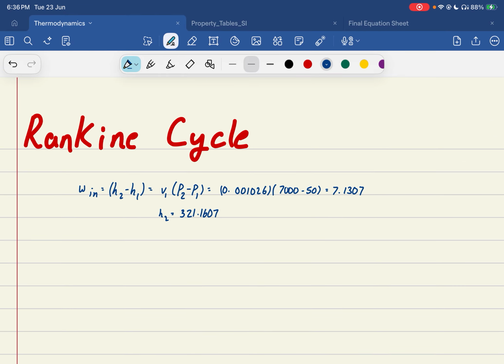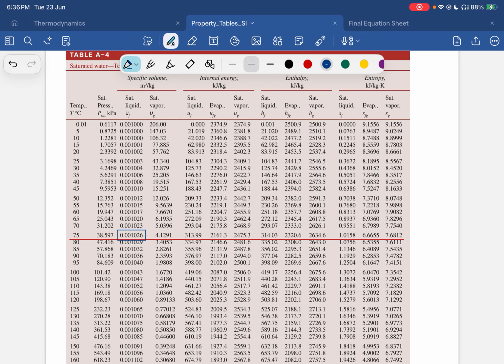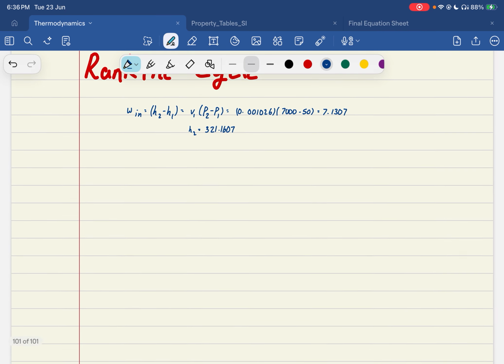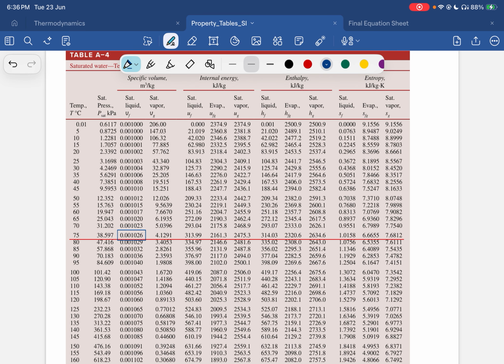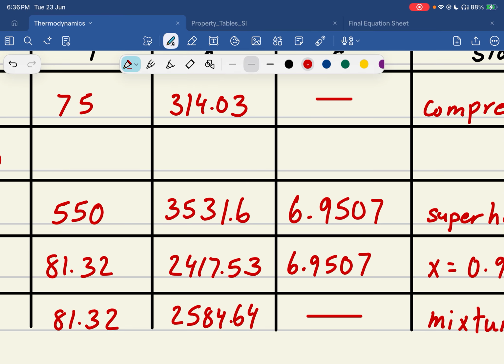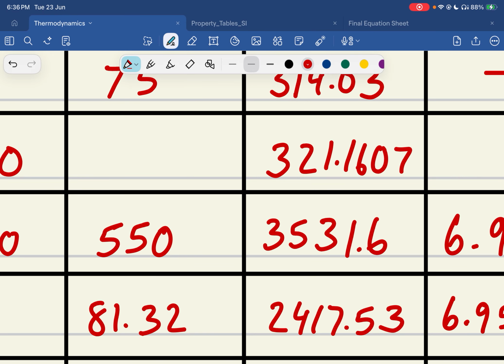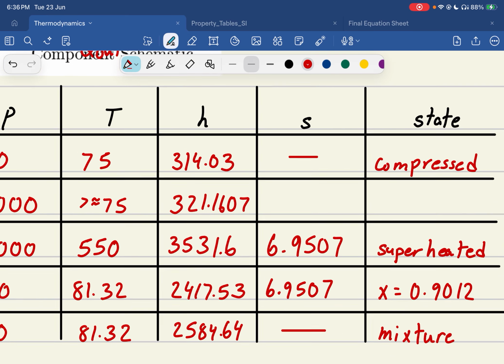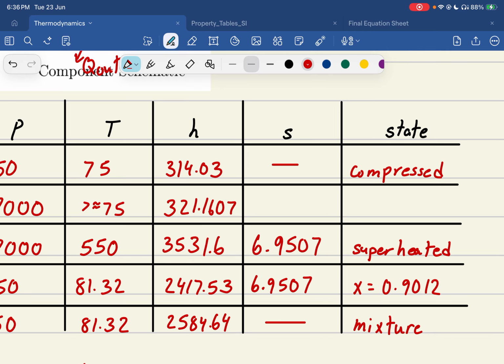Okay, so from that, since it's a slight change in entropy and you can't find these values from the tables, we can assume that the temperature coming out is just slightly above 75 or slightly equal to 75 because your entropy just barely changed and it's isentropic.